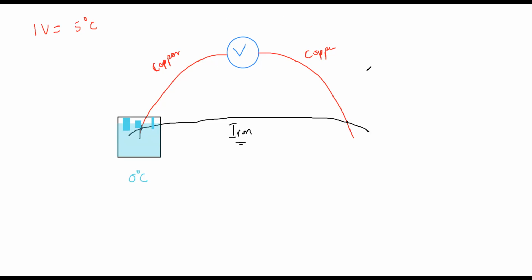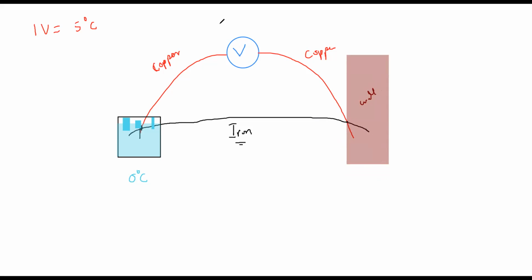And I want to record the temperature of the wall. Like, this is a wall, and I want to record its temperature. So I attach this junction to the wall. I want to measure the temperature.